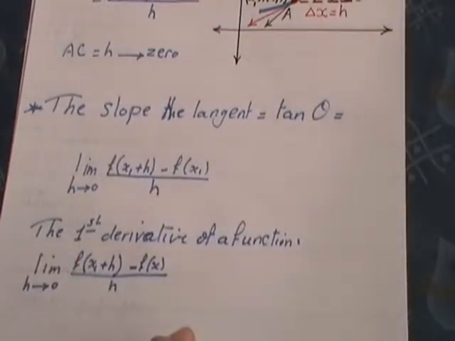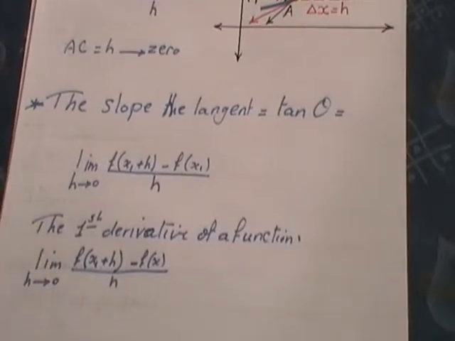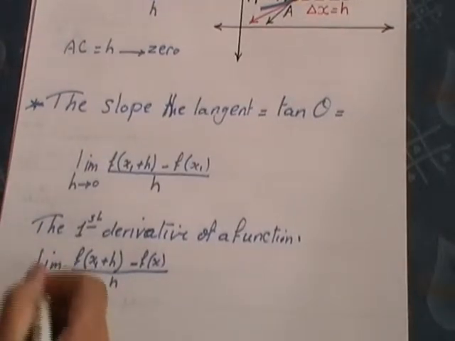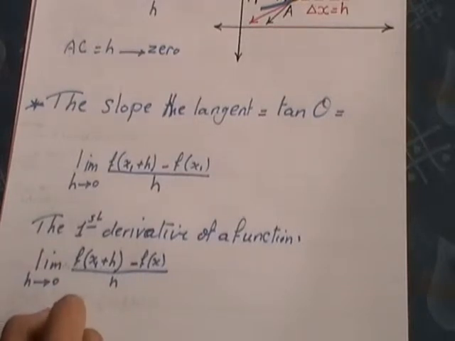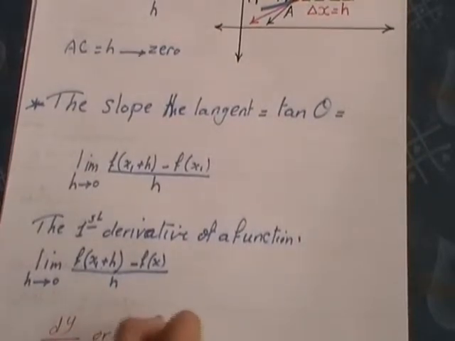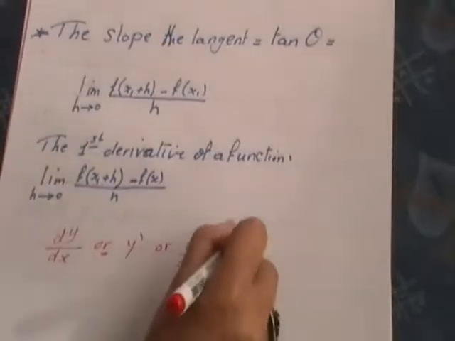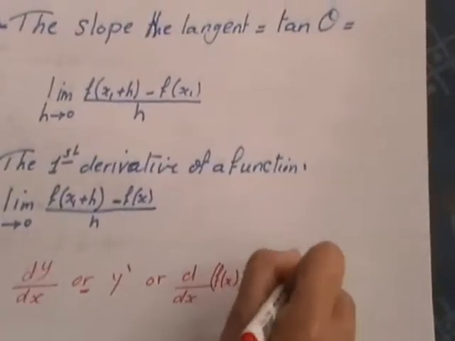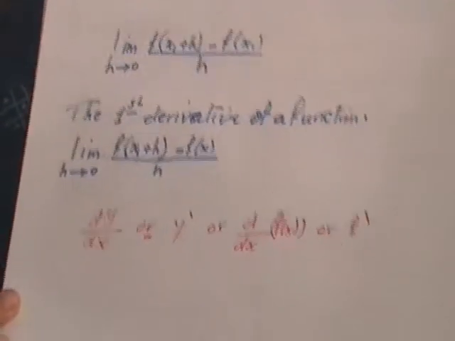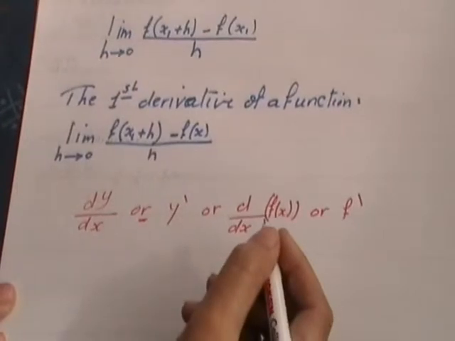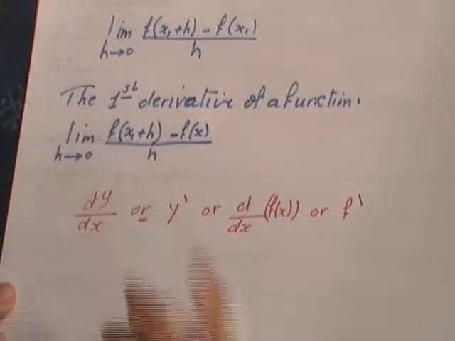This has a unique value at every value of x, and we denote it in several ways. We call it the first derivative, written as dy by dx, or y dash, or d by dx of f of x, or f dash.